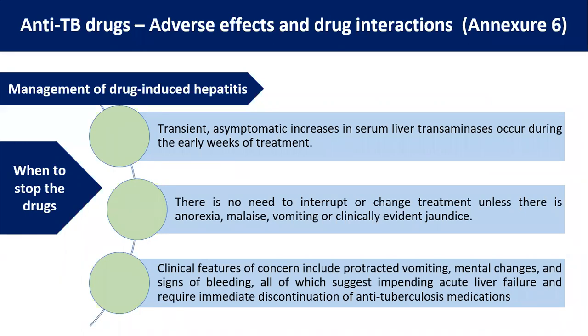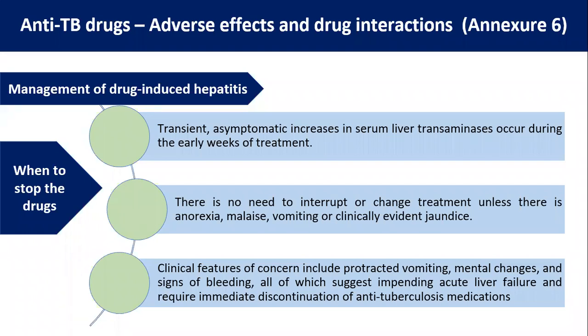A transient asymptomatic increase in serum liver transaminases occurs early in the treatment, and the treatment doesn't need to be discontinued if it is not associated with symptoms like anorexia, malaise, vomiting, or clinically evident jaundice. So the principle is that if the patient has elevation of transaminase up to 3 times the upper limit of normal, we can continue ATT if there are no symptoms.